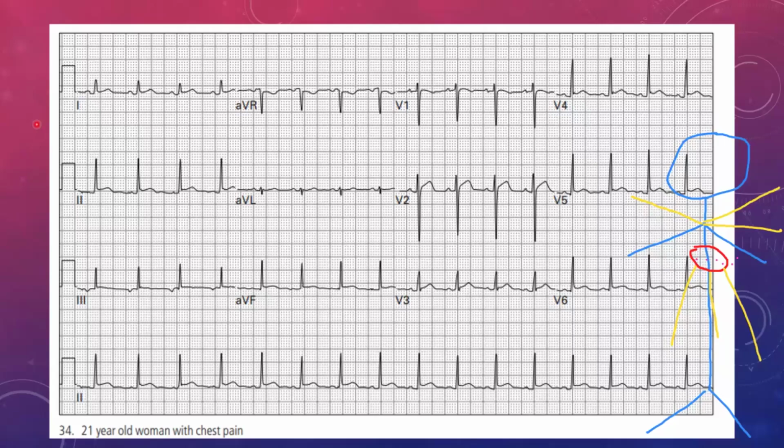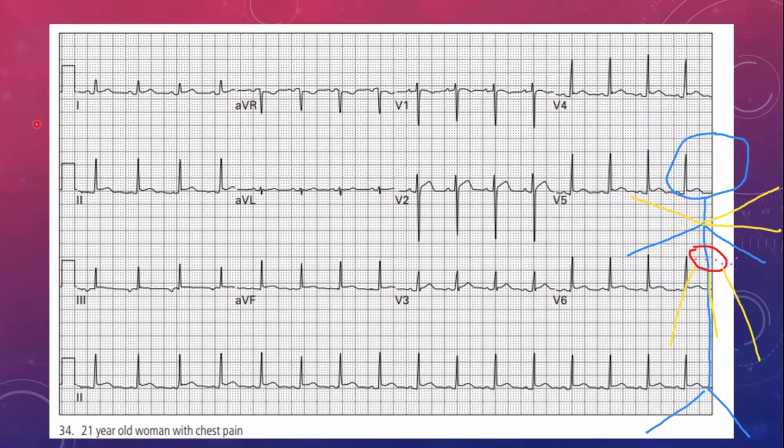Another possibility that we have to consider, something that does give this pattern, is a ventricular aneurysm. Now, ventricular aneurysm is exactly what it sounds like. You get an aneurysmal wall of a ventricle, but this normally has a history of previous infarcts or previous trauma or previous damage, and I doubt a 21-year-old would just present like that.